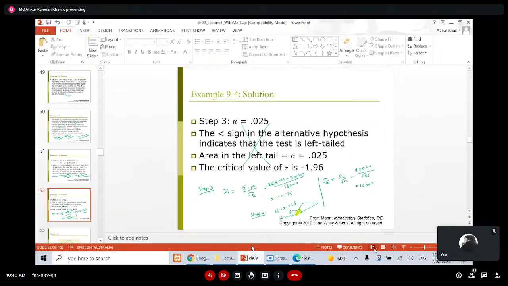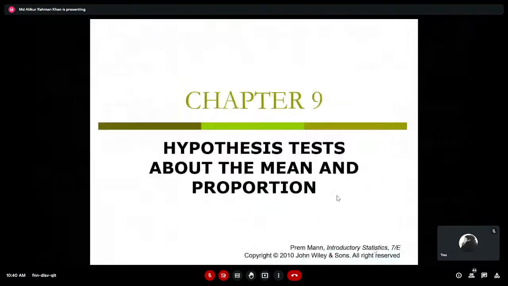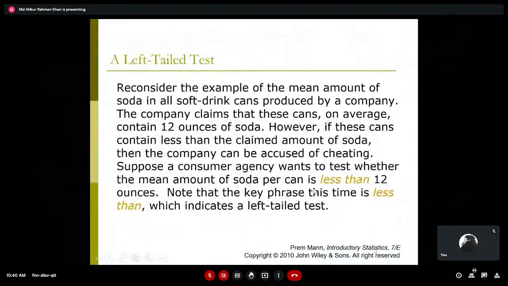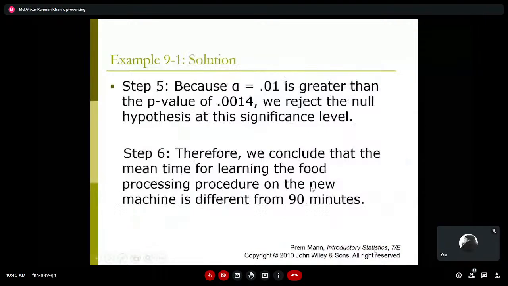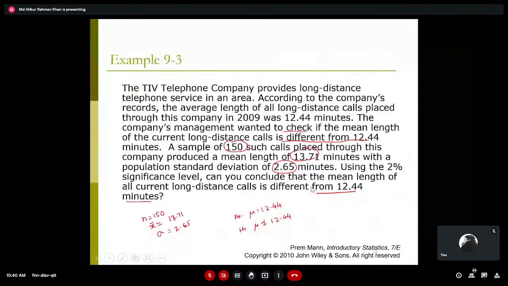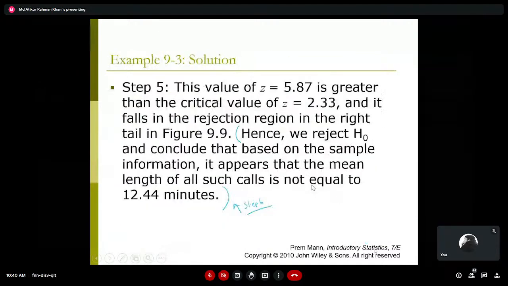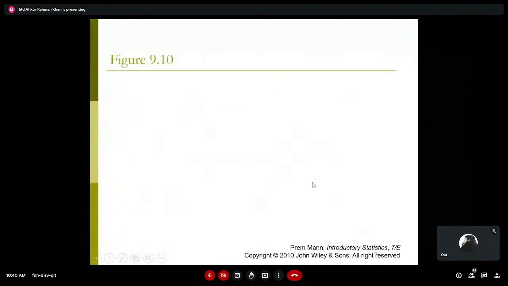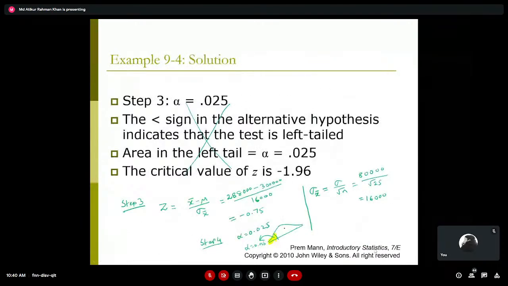We got it. So the rejection region is on the left side of minus 1.96.